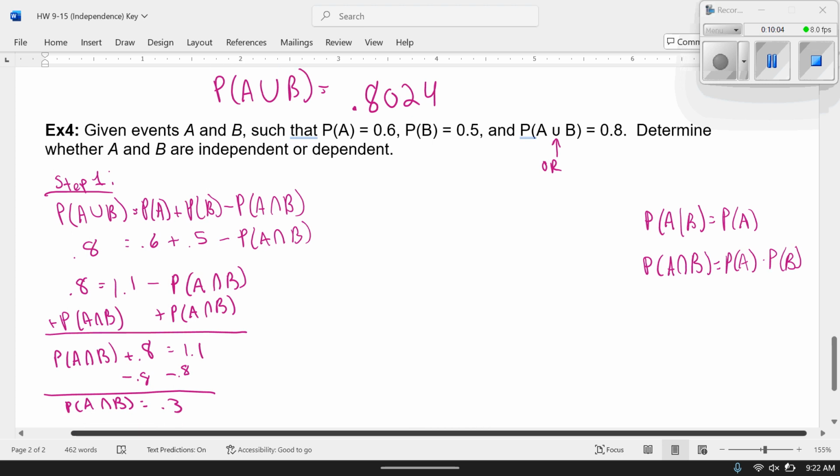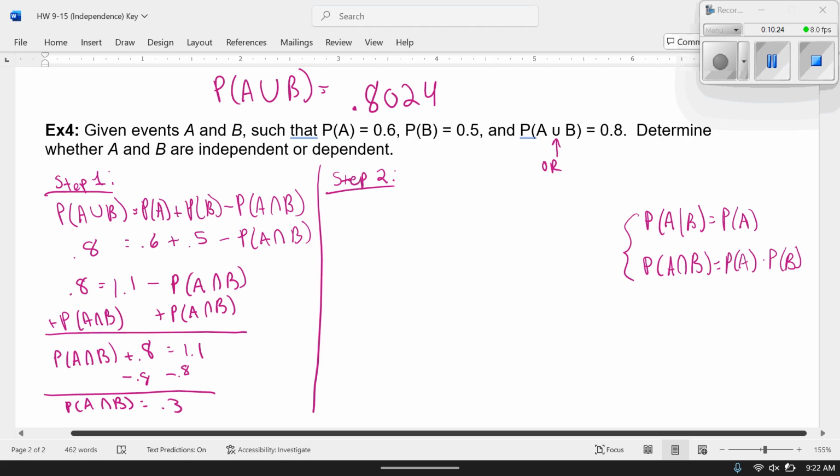How does that actually help you? You have to go back to what the question actually wants. And what the question wants is whether you are independent or dependent. You have to use one of these two formulas. Well, now you have the and probability, so you are going to use the one with what you got.